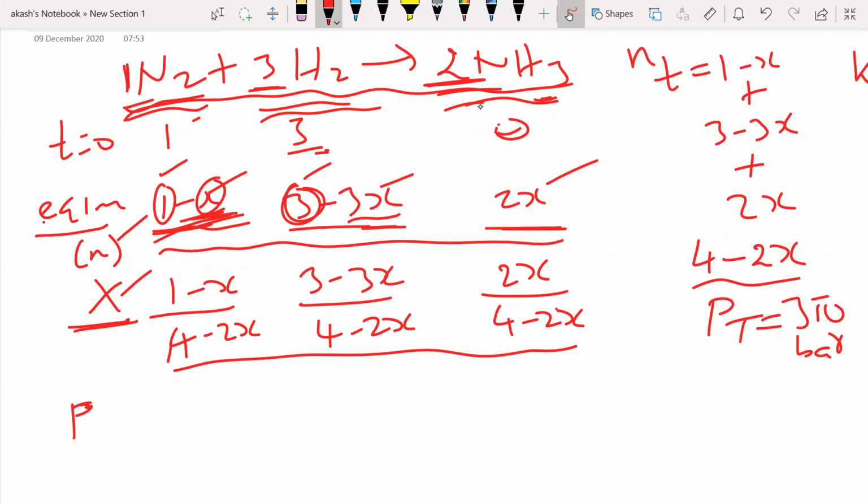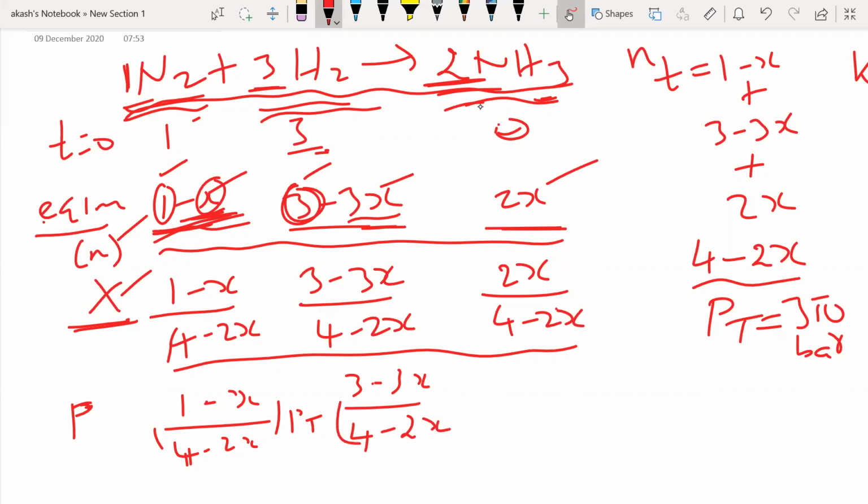So now how will I write? This is the mole fraction. So (1 minus X) divided by (4 minus 2X) into total pressure, right? That will be for N2. Same way for this, it will be (3 minus 3X) divided by (4 minus 2X) into the total pressure, that is 350.